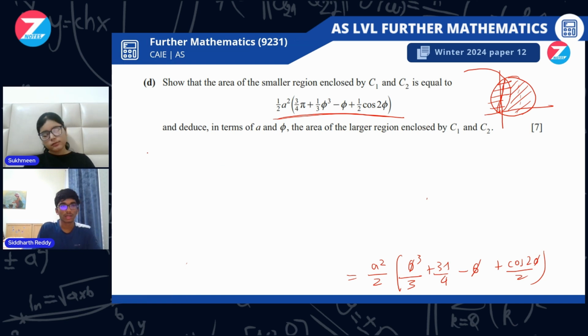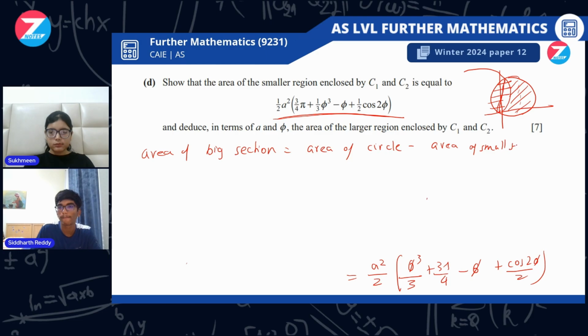So the area of the big section is equal to the area of the circle minus the area of the small section. This is the area of the small section.